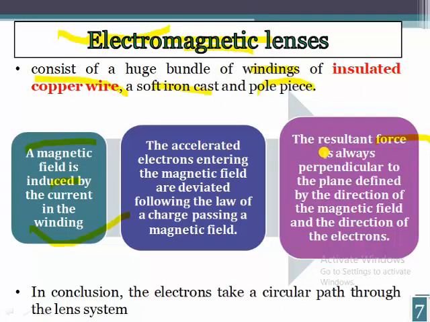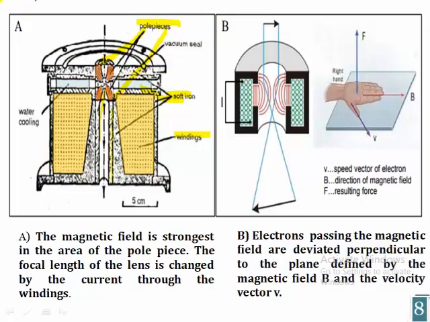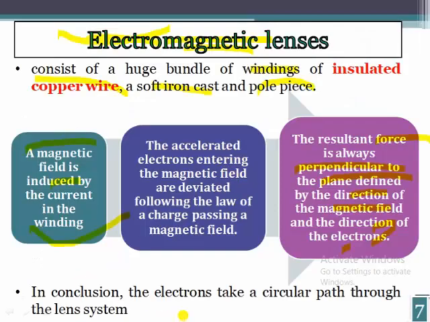The resultant force will always be perpendicular to the plane defined by the direction of the magnetic field and the direction of the electrons. We will see it in detail in this image. And lastly, the electrons take a circular path through the lens system.